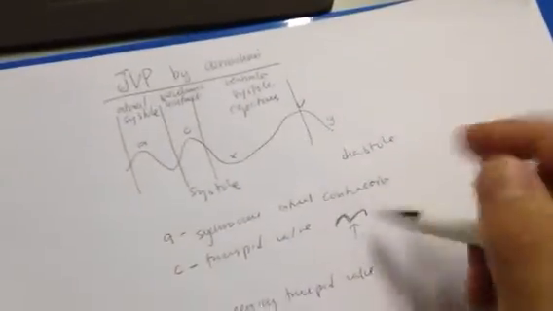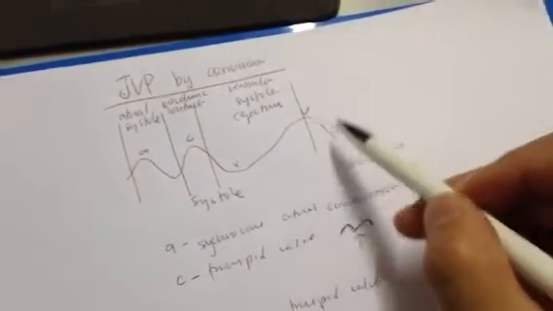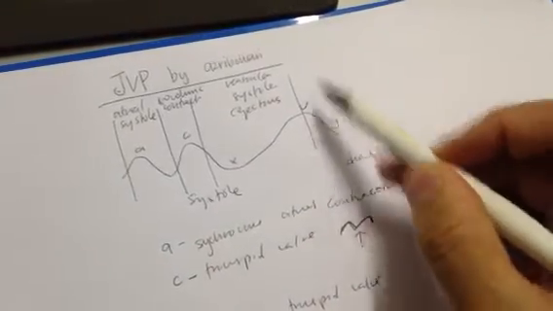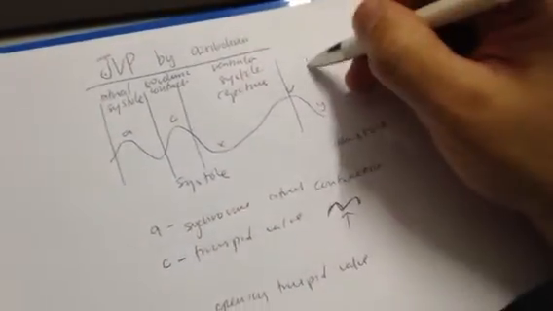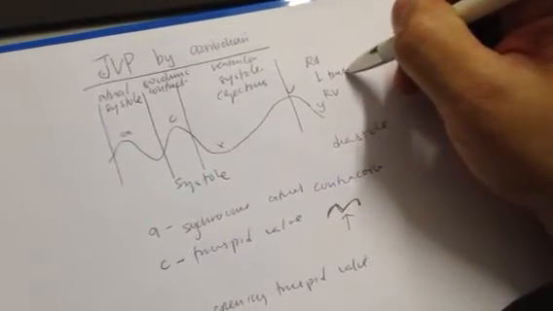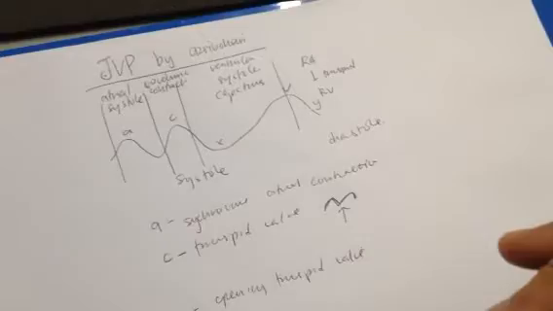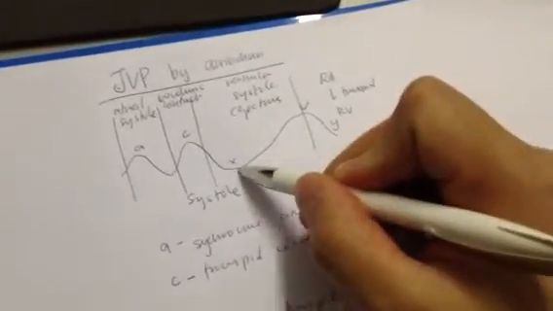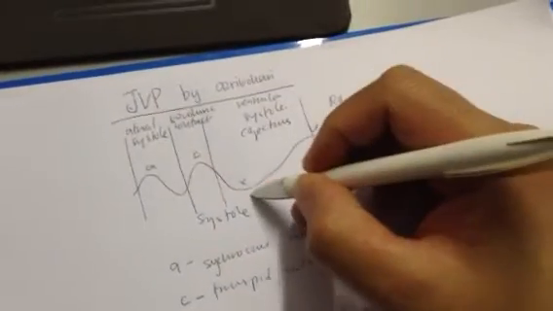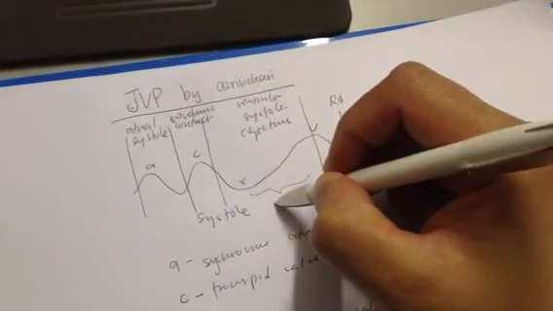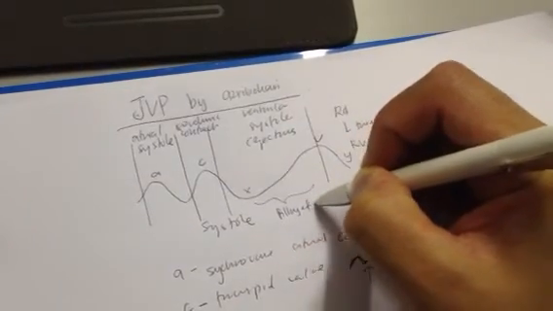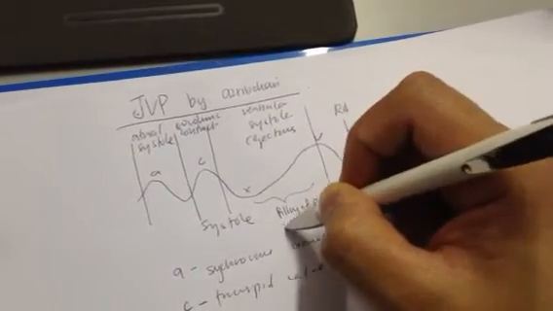So after systole is diastole. During diastole, there is passive movement of blood from the right atrium into the right ventricle, so it goes through the tricuspid valve. It must be open. So this phase, the slow rising phase, is the moment where there's filling of the right atrium from the vena cava.